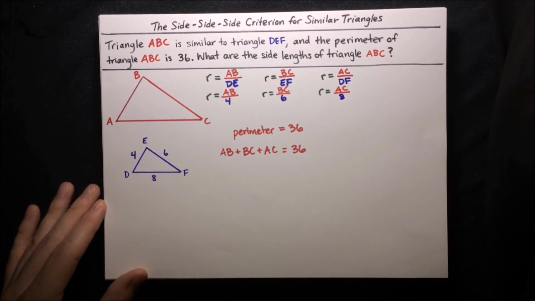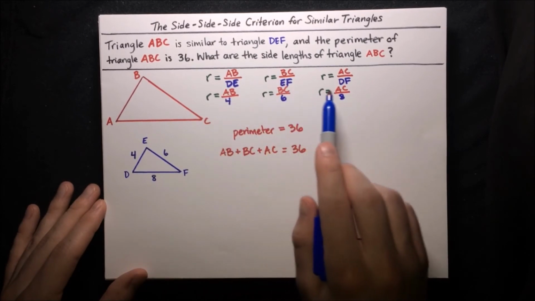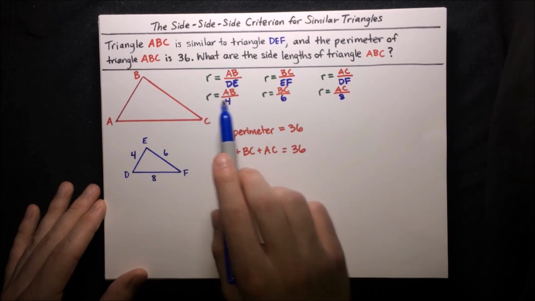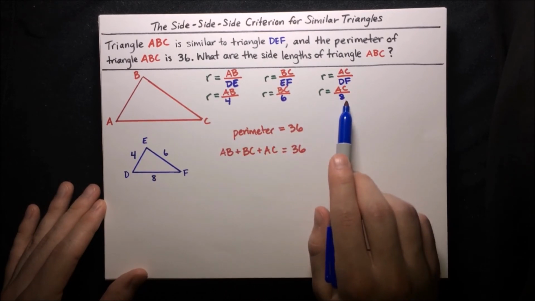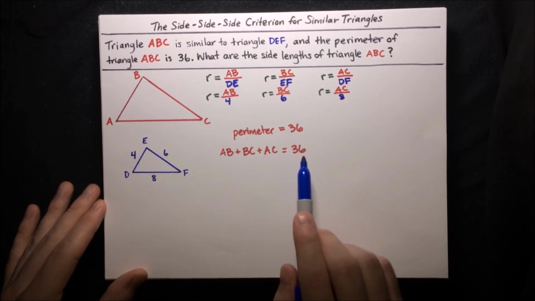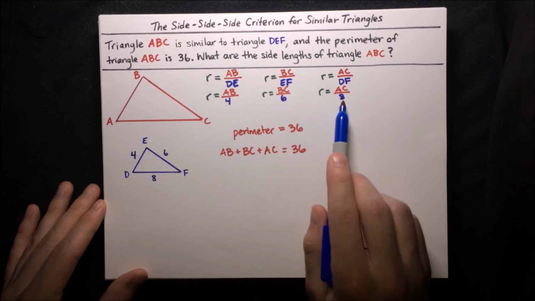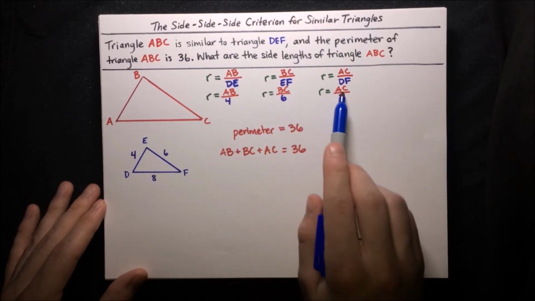And now we finally see how we can solve this problem. The idea is that we'll solve for AB, BC, and AC in terms of r using these three equations. Then we'll substitute it into the perimeter equation and turn that into an equation of r. Once we solve that equation and figure out what r is, then we can go back to these three equations to figure out what AB, BC, and AC are.